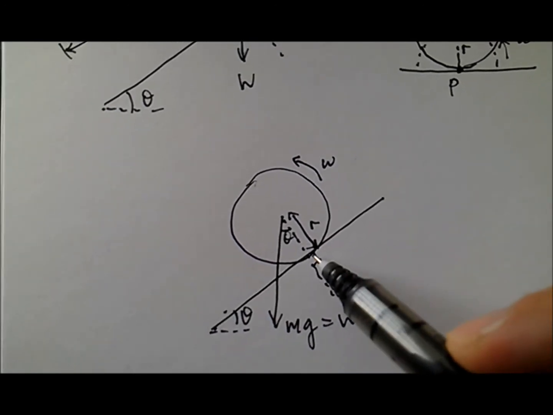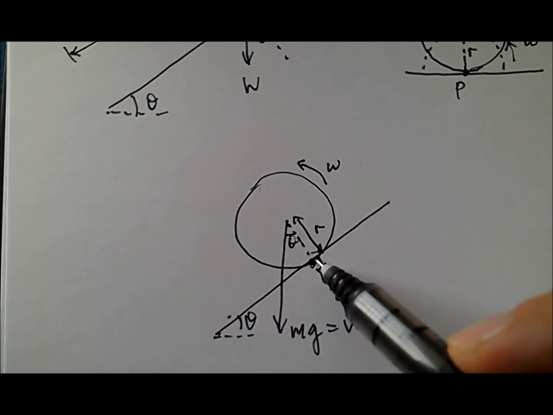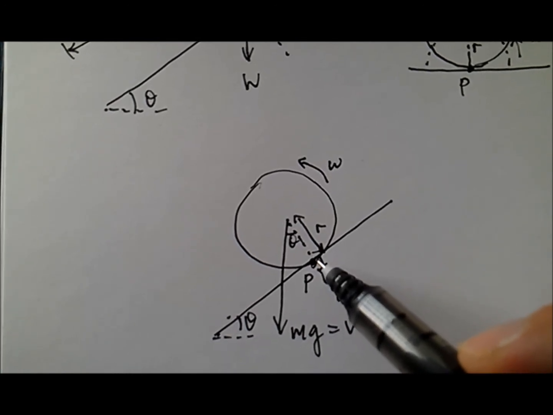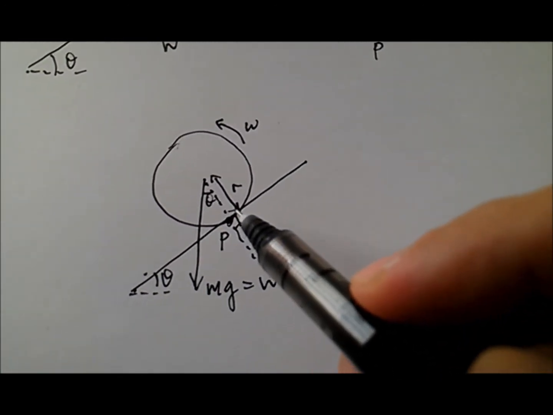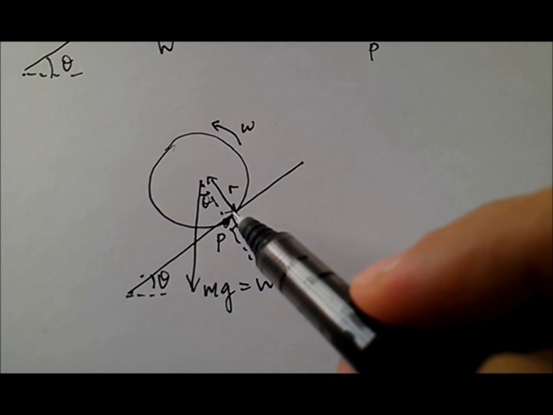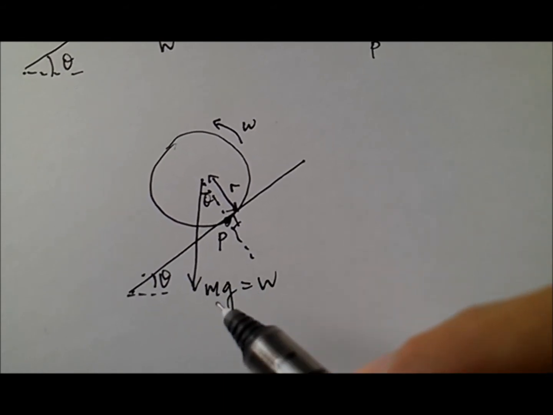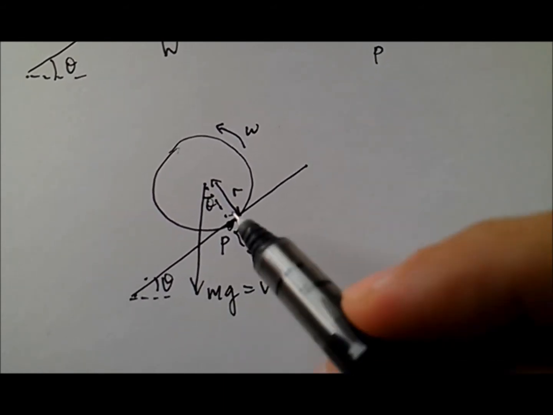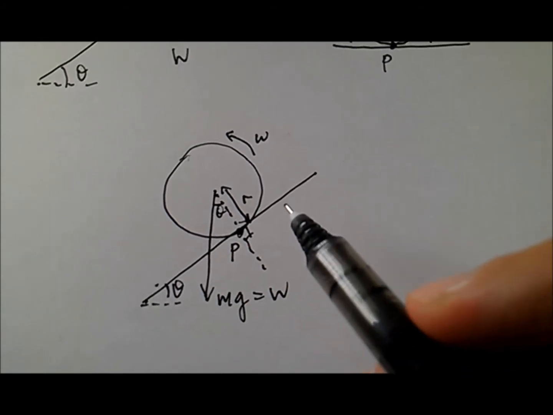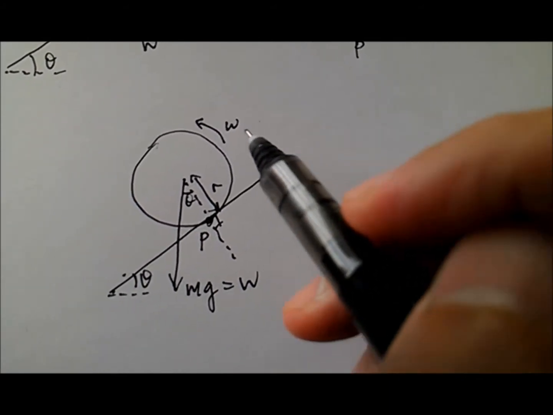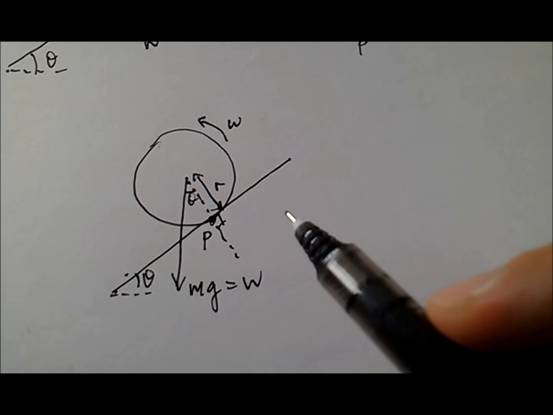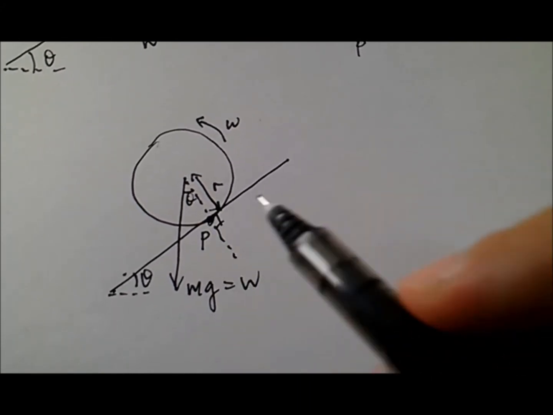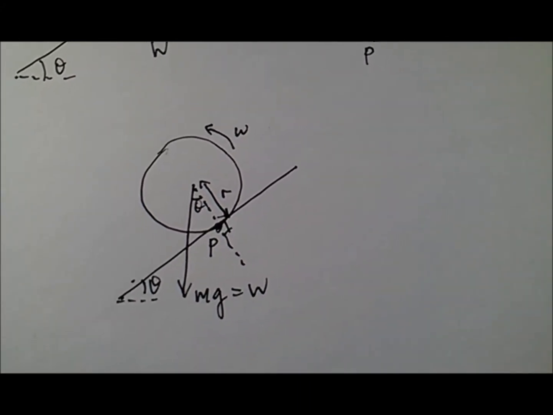So if we consider this point P, the point of contact between the ball and the slope, what is the effect of this force acting on the ball? Obviously, common sense will tell you that this ball will start to roll anti-clockwise. And not just that, it will roll faster and faster, it will accelerate, right?